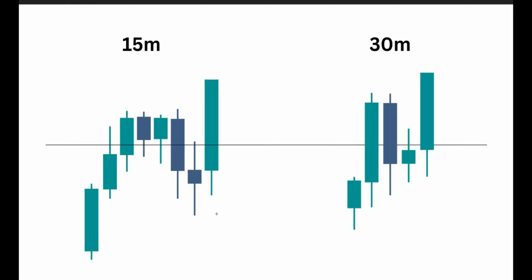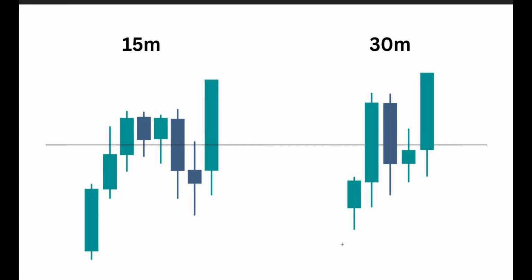What matters is the formation of the wicks and the creation of a new high low. So we've got the low, the lower low, the higher low, the breakout of the high, the wick, and then as that breaks, the momentum just takes it straight through.